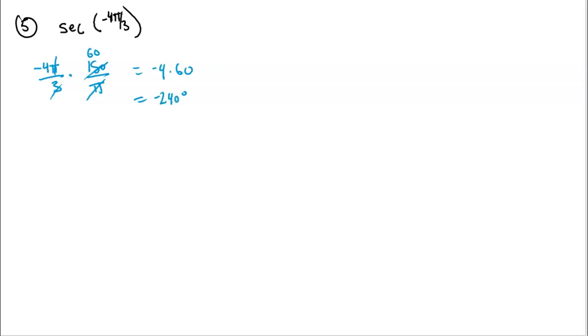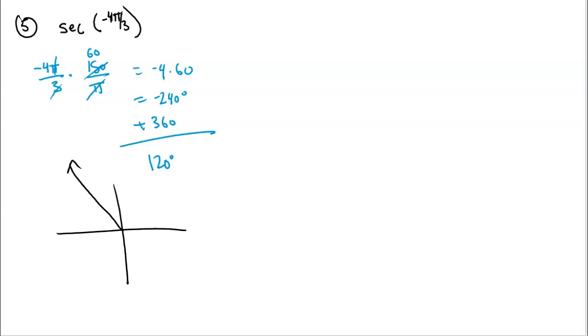Now, negative 240, I'm not quite sure what quadrant that is, so I'm going to find the coterminal angle. I'm going to add 360 to it, and that leaves me with 120. I've already seen 120 degrees earlier, so I already know that my reference angle is 60.